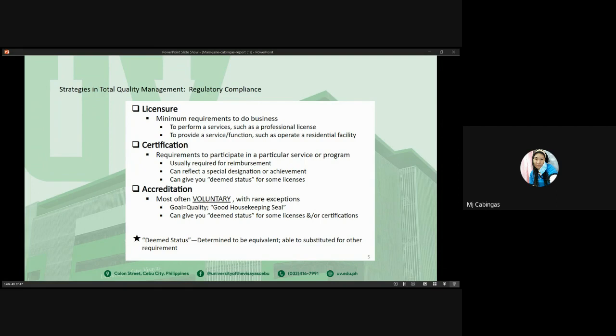So, they also look for certificates of the establishment. Then accreditation, most often voluntary with rare exception. So, good quality, good housekeeping seal, and it can give you the deemed status for some license or certification. So, they also look for those kinds of documents.